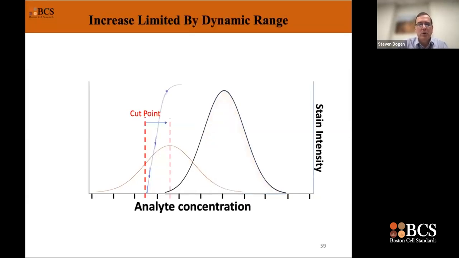Superimposing that analytic response curve onto this hypothetical graph, as you can see, the cut point, as you go from 0 to 100% percentage cells stained, does not shift, or it may not shift as much as you might want. And therefore, you may conclude that the biomarker is still not useful in discriminating responders and non-responders, and the treatment development program may fail when it need not have. In this situation, the answer would really have been to change the assay's design itself.